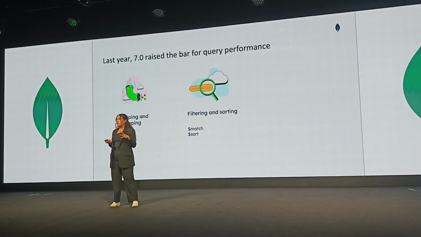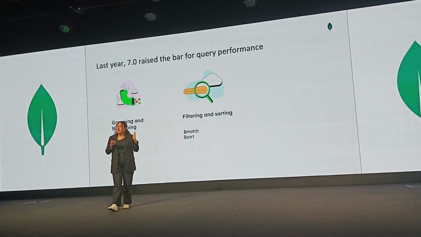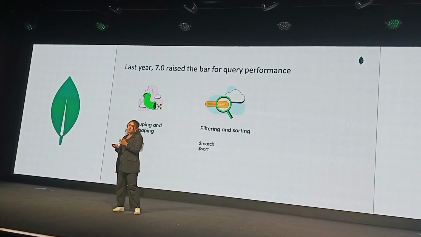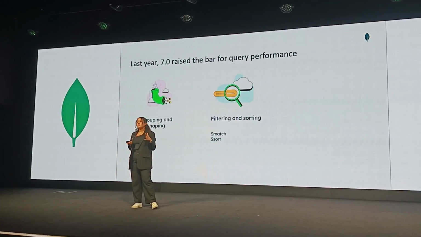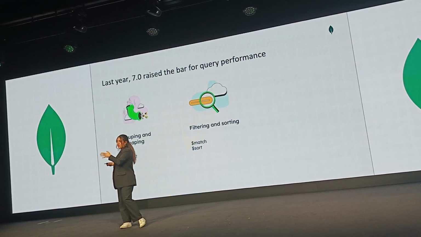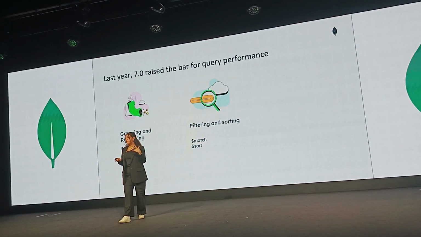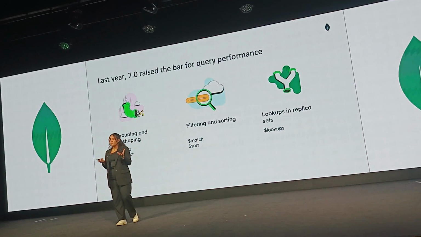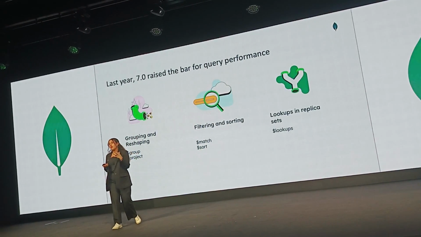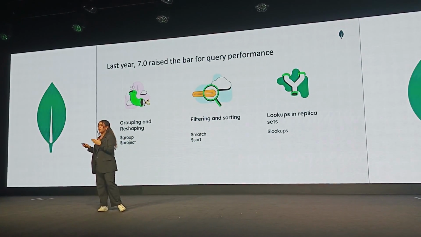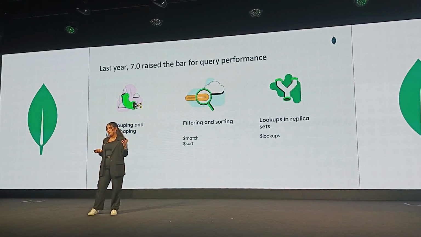For sorting and filtering, we noticed a 90% increase when filtering on complex expressions, and all the $match, $sort, $project queries are 50% faster. And last but not least, $lookups in a replica set: we noticed 4 times to 30 times better performance in version 7.0.